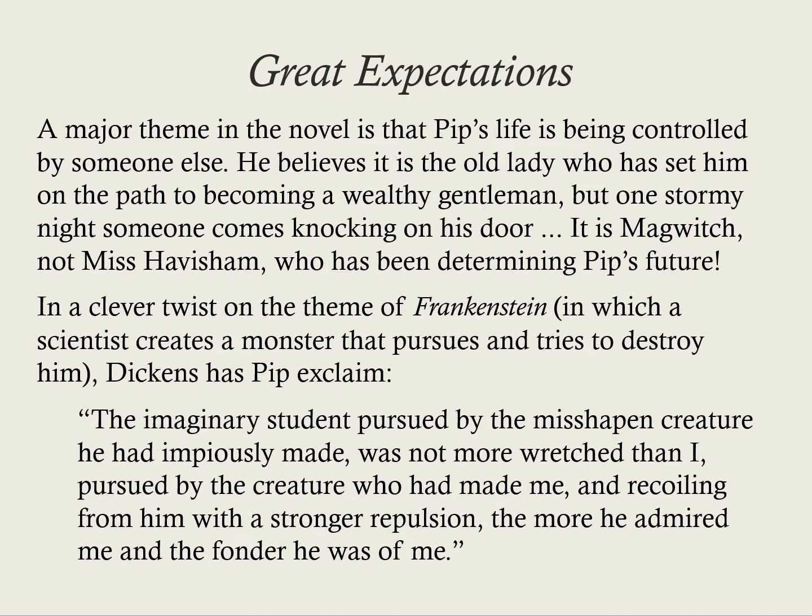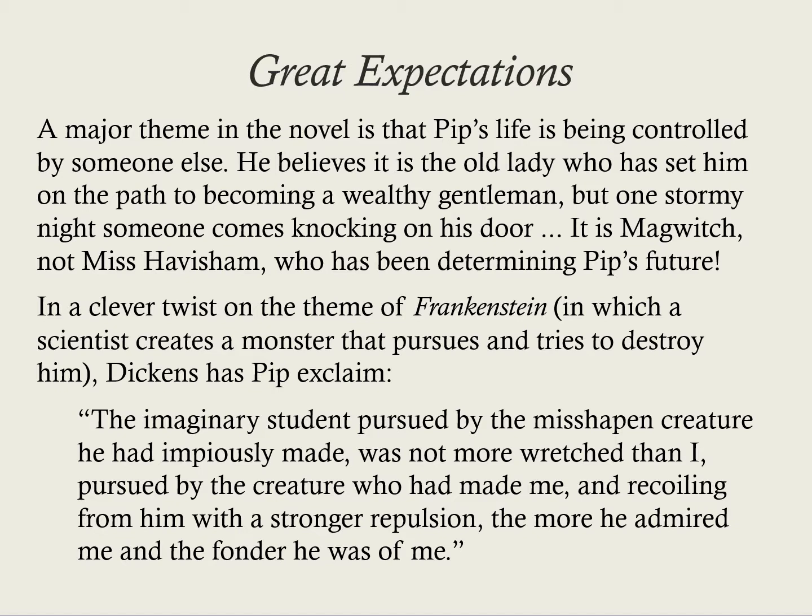Instead of the scientist, in Frankenstein, Frankenstein makes the monster. In Great Expectations, the monster makes Pip. His identity is determined and shaped by the criminal, the monster. "Recoiling from him with a stronger repulsion the more he admired me and the fonder he was of me." He's being created by the monster.